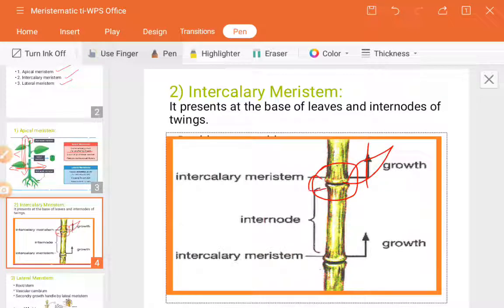Some of the nodes are also present, small bud-like structures. Here mostly the leaves come and the buds are also present, so that part consists of intercalary meristem. And the internodes are nothing but, as they have shown here named internode, this total portion.